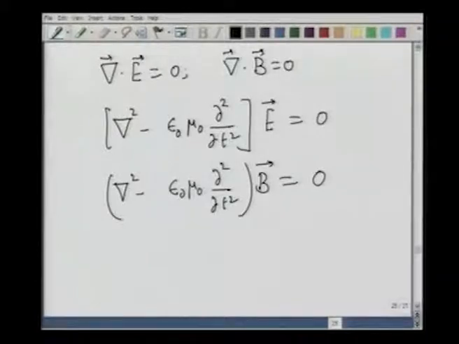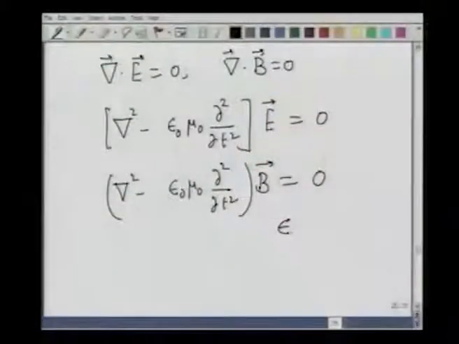Every single component of the electric field satisfies this equation. Every single component of the magnetic field satisfies this equation.